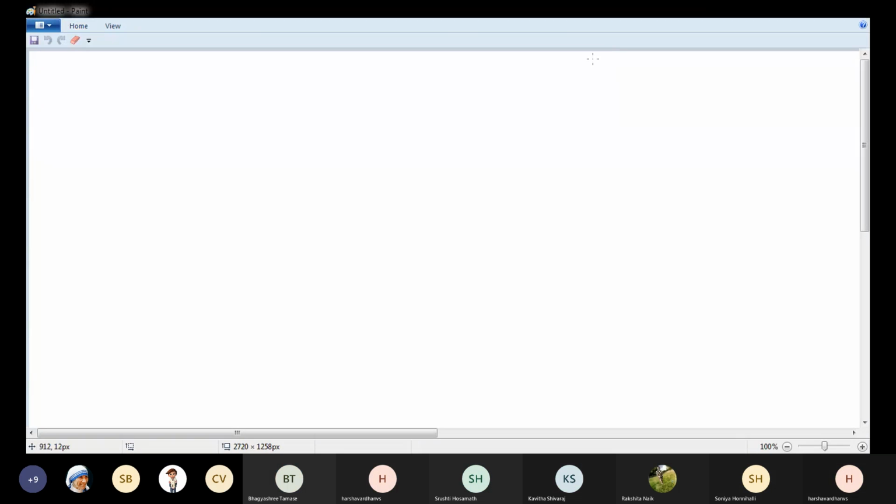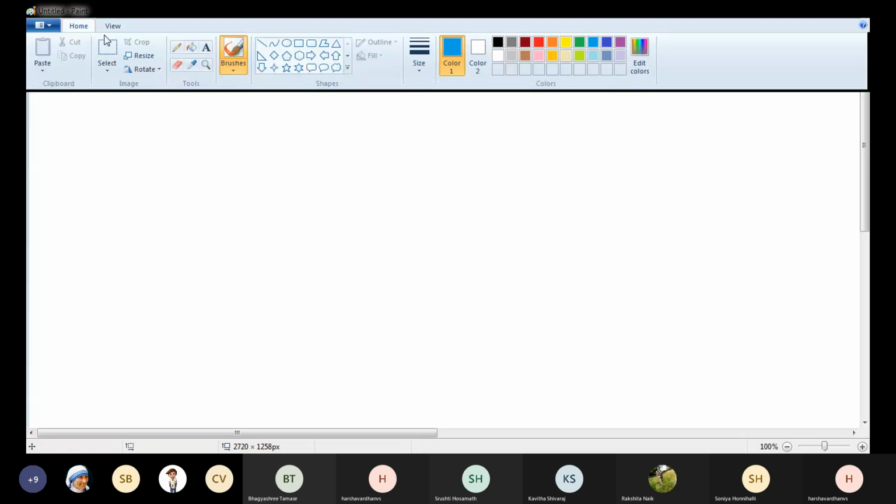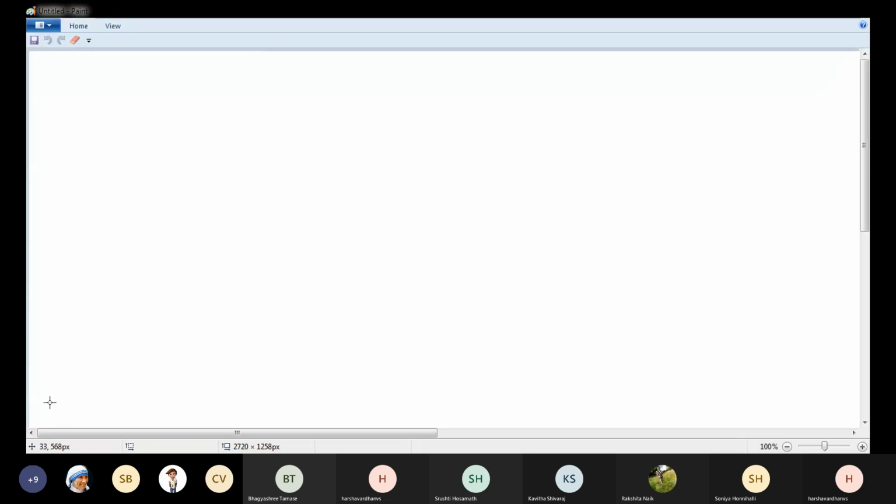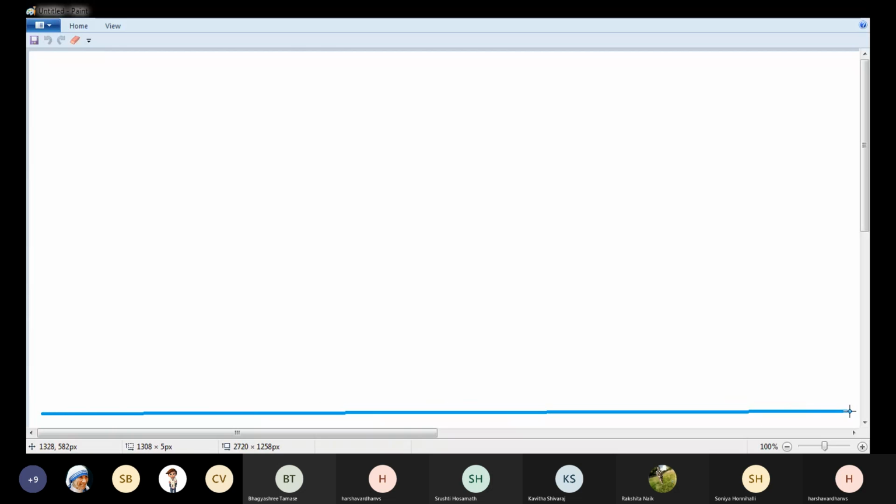First we have the datum. Datum is the reference from which all the elevations are measured.